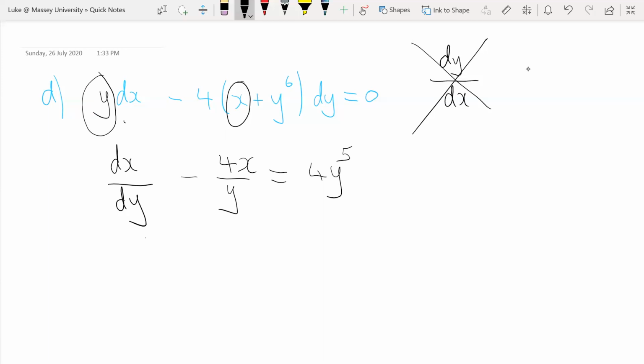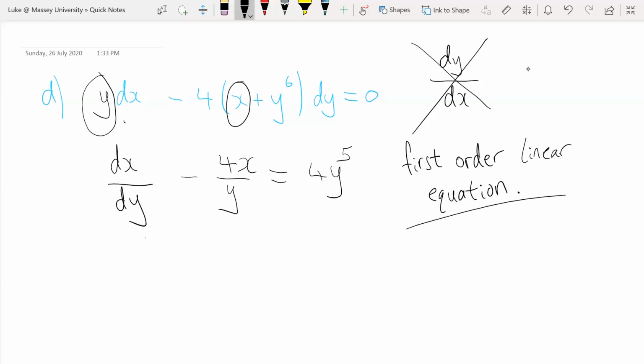So if I rearrange that equation, I can write it like so, because now this is a first order linear equation. I can solve this using the integrating factor method, and I'll leave you to do that because that wasn't actually part of the question.